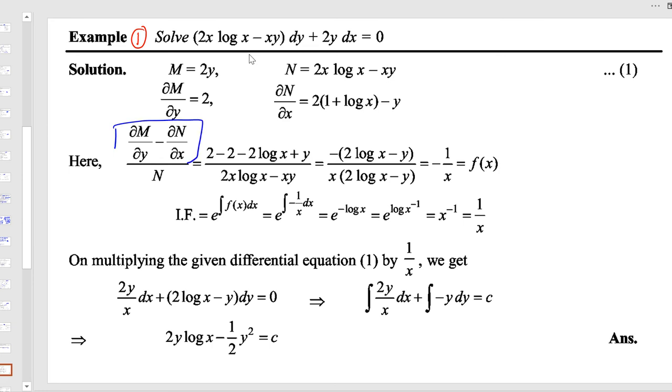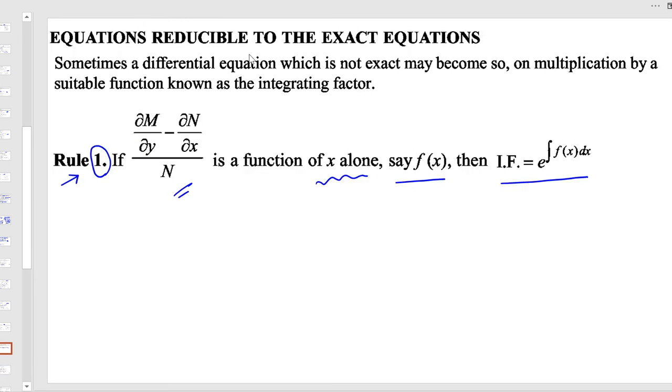For this problem, you need to calculate. The question that many students ask me is, sir, how do we know that this is going to be a function of x, so that we apply rule 1, 2, or 3? In that case, practice will make you feel which rule is going to be applicable. The more you practice, the more you get the idea.